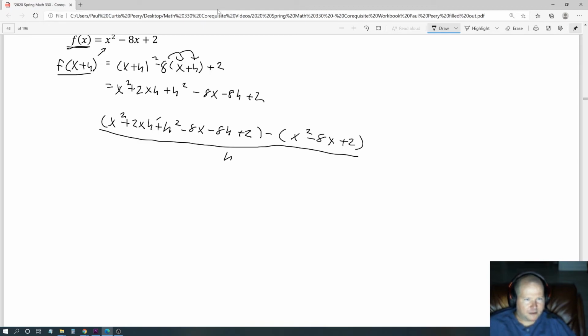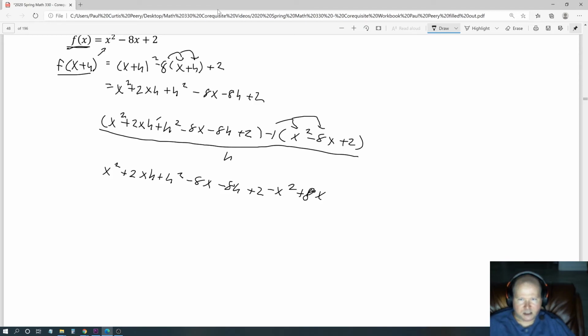So we're going to keep the original one, the x plus h, which is x squared plus 2xh plus h squared minus 8x minus 8h plus 2. And we're going to distribute this negative 1, which gives me minus x squared. Negative 1 times negative 8x is plus 8x. Distribute the negative 1 to the positive 2, which gives you minus 2.